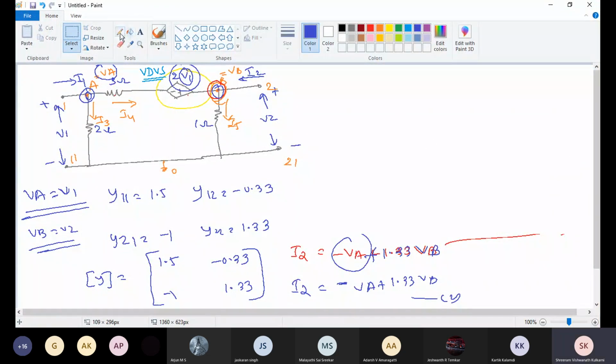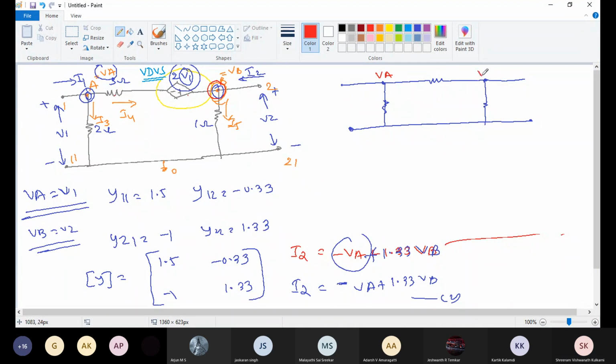If I am having this circuit, this is somewhat my circuit, VA, VB.